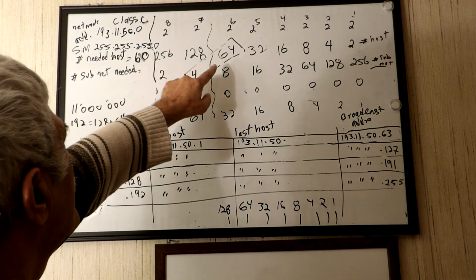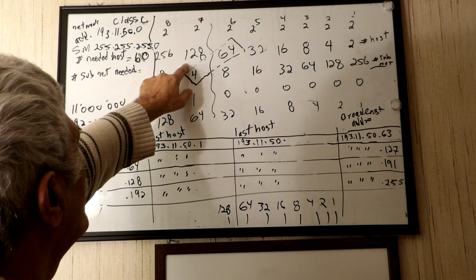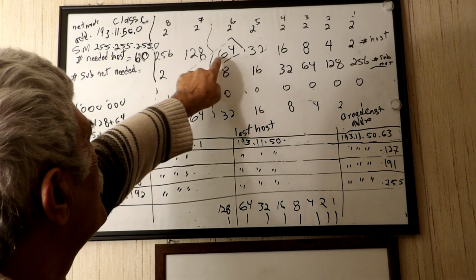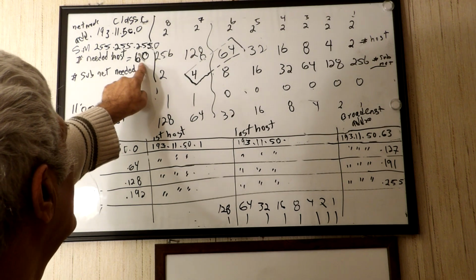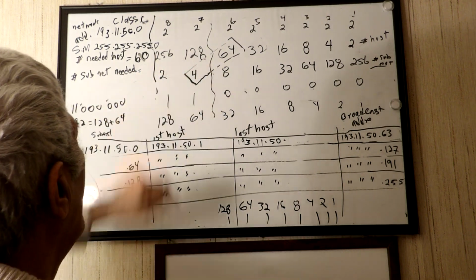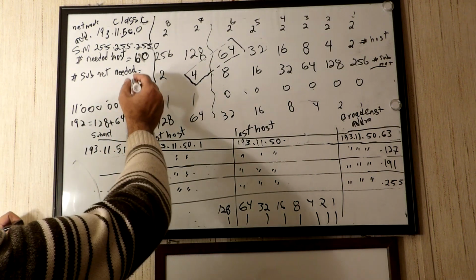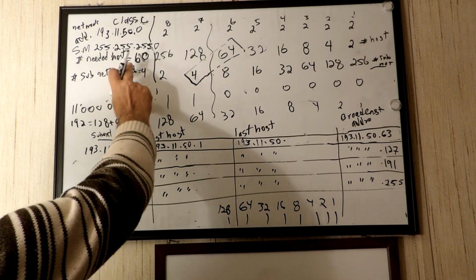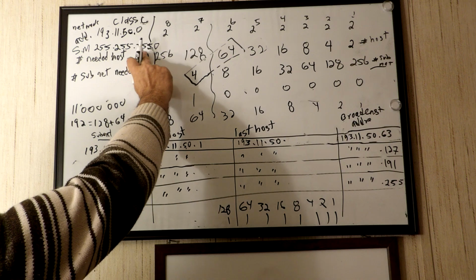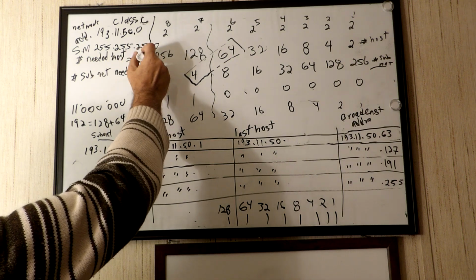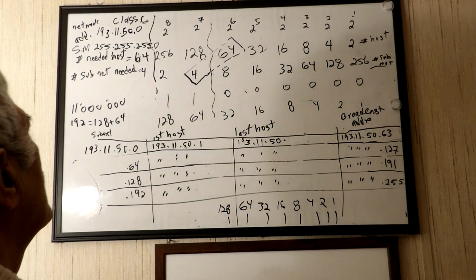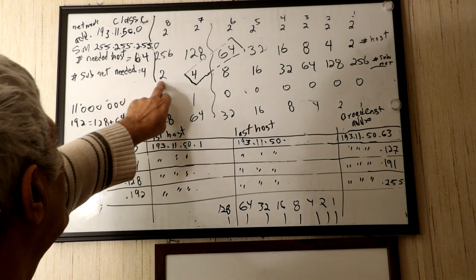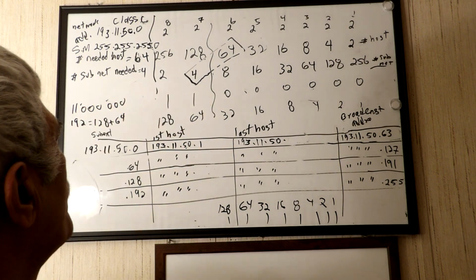You don't have 60 here, so it's either 64, 128, or 32. If it's over 32, you have to use this one. So for 60, you use this one, and the number of subnets is going to be 4. These are the needed, and provided is 64. Sometimes they ask you, we need only 3 subnets, but because we don't have 3, you use 4 subnets.